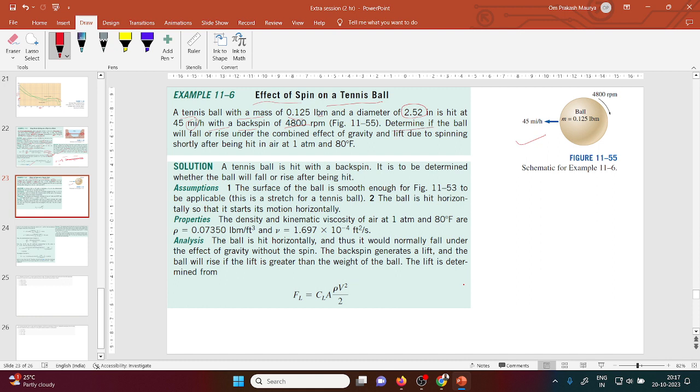Determine if the ball will fall or rise under the combined effect of gravity and lift due to spinning shortly after being hit in air at 1 atmosphere and 80 degrees Fahrenheit.